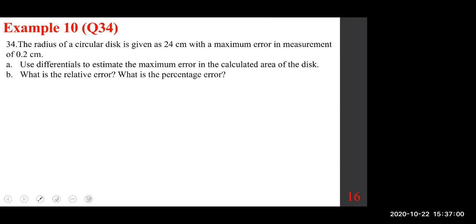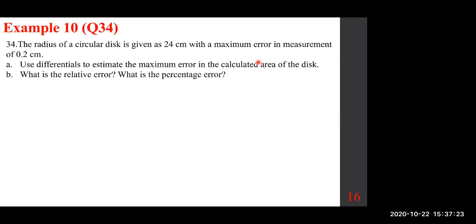Here's the next one. The radius of a circular disc is given as 24 centimeters. The maximum error is 0.2. We want to use differentials to estimate the maximum error in the area, and then find the relative error. We can completely ignore part B for now.